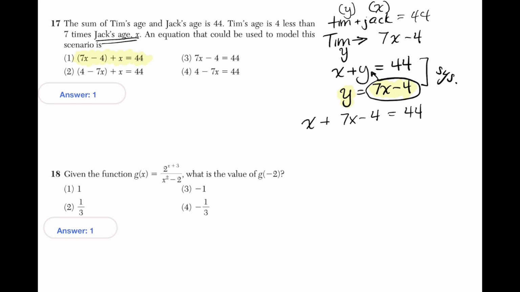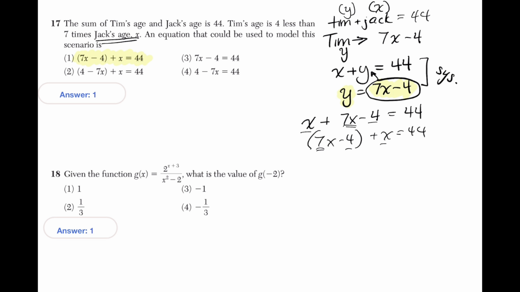Notice the only thing they did was put the 7x minus 4 in the beginning, plus the x. So it is the same equation with the terms just moved around, but they are equivalent to each other. The same terms are in both. That's where the answer is 1. So why are the other ones not true?